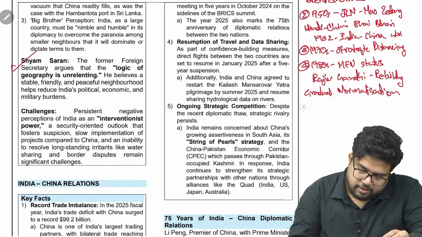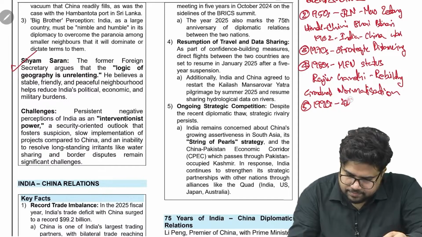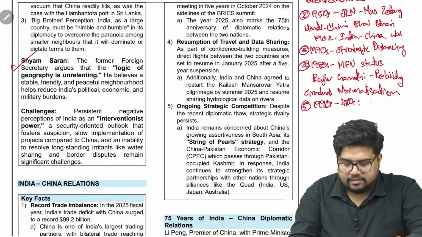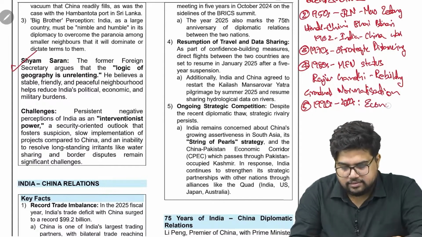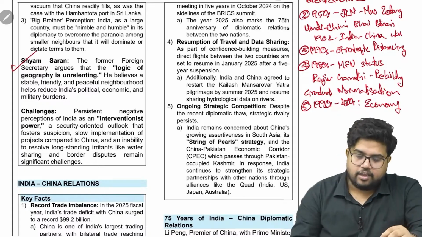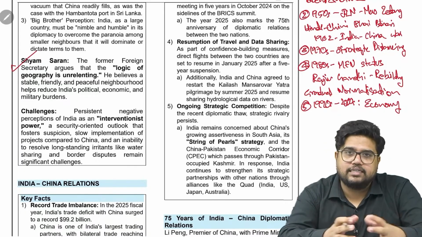Now, fifth, after the 1990s to say the 2000s, we have again the economy become the focus. We have deepened the trade relationships. We have opened new trade passes, Nathula.